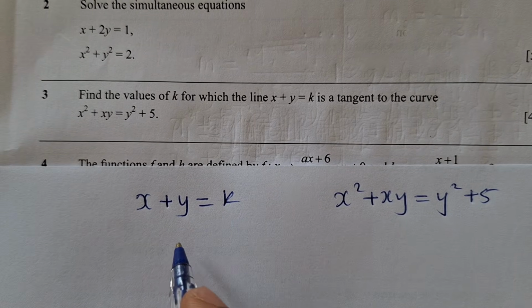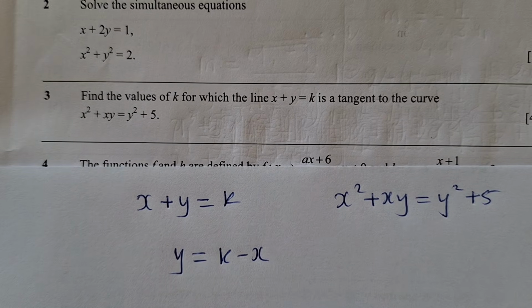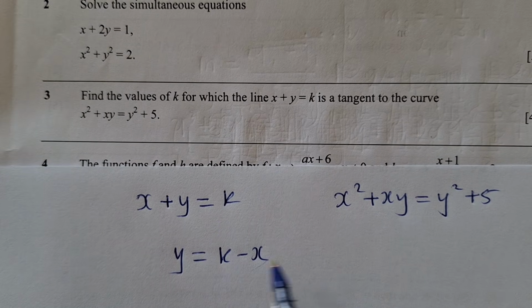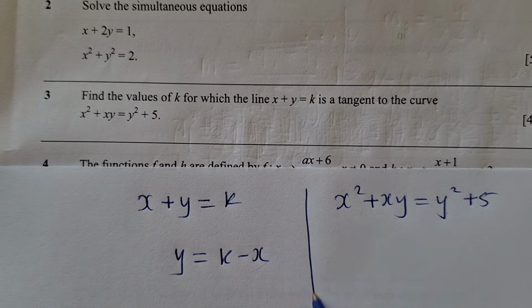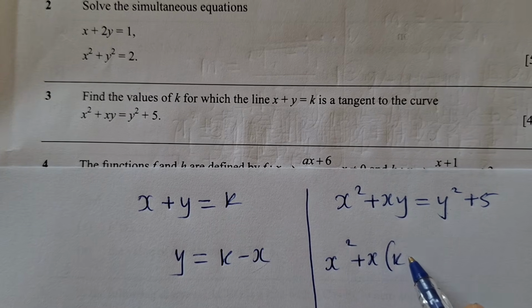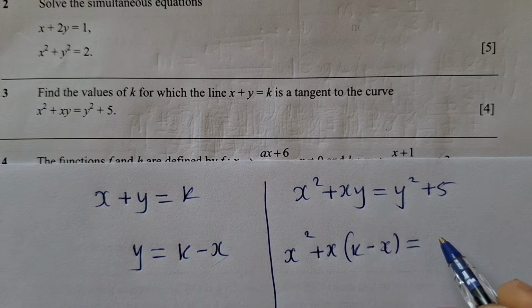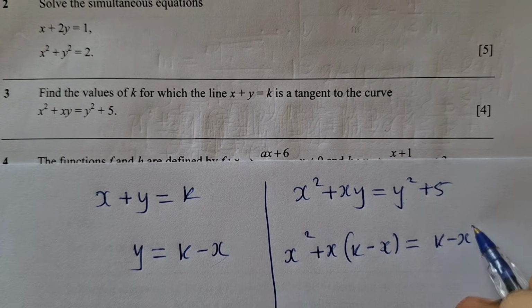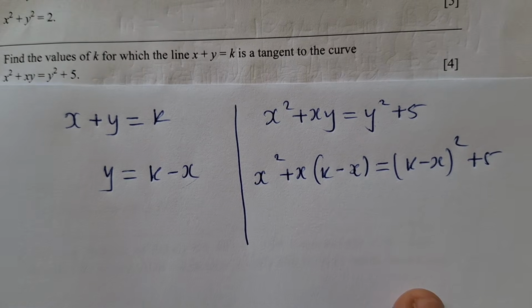Here we can make y the subject. So it will be y is equal to k minus x. Now we get this k minus x and substitute right here where we see y. So it will be x power 2 plus x times (k minus x) is equal to (k minus x) power 2 plus 5.